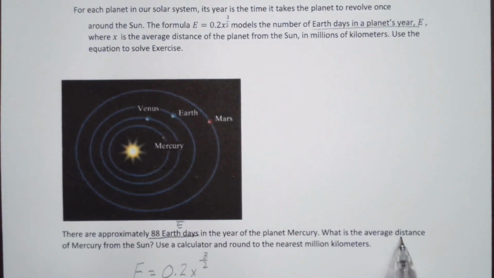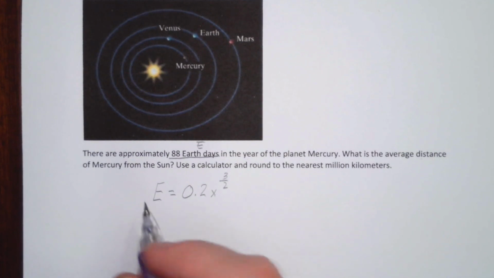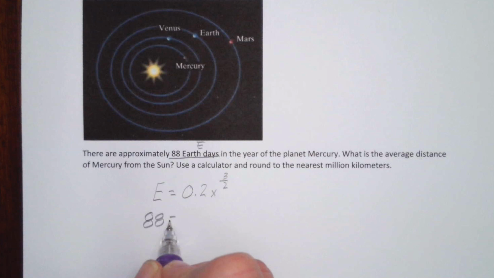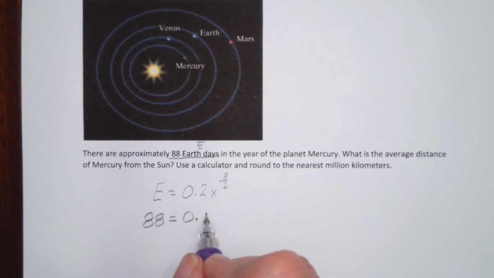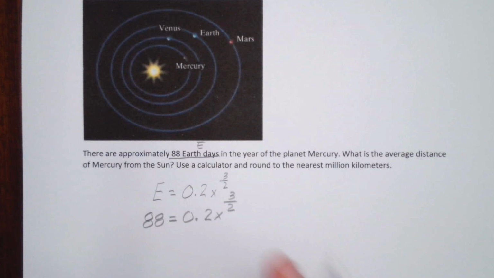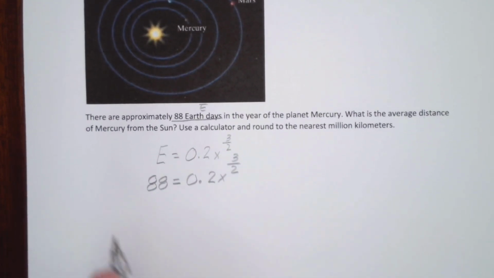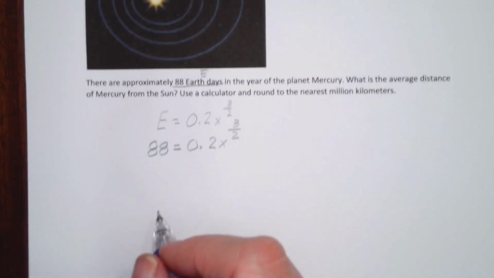What is the average distance of Mercury from the Sun? So average distance is x. We're going to set this up as 88 equals 0.2x raised to the 3/2. And we're going to isolate x, so we're going to divide by 0.2 on both sides, and I'm not going to say any more.